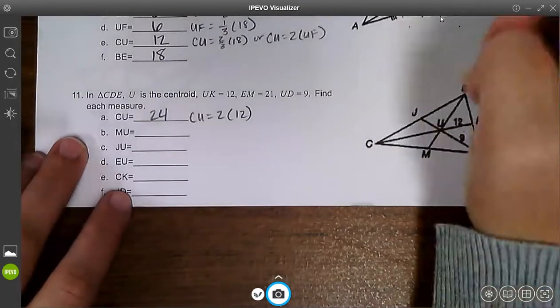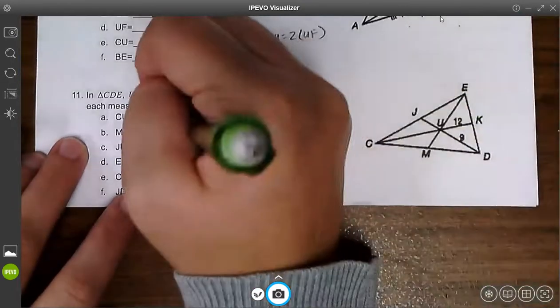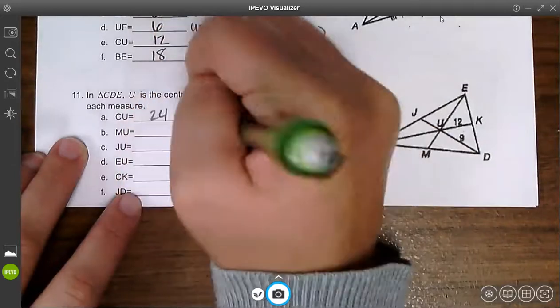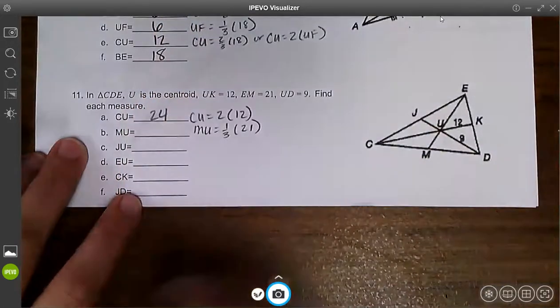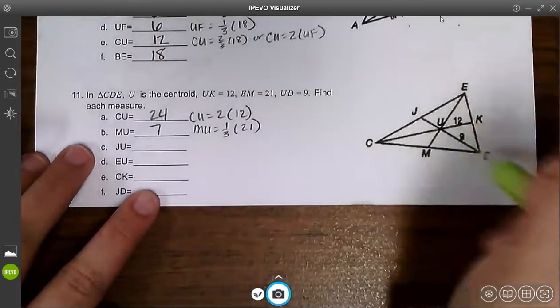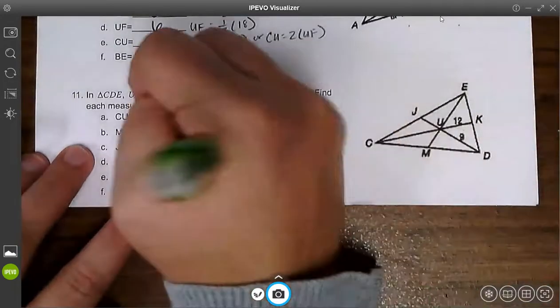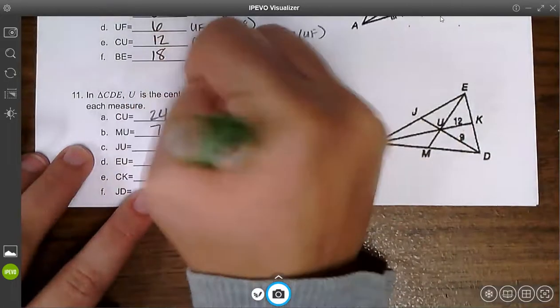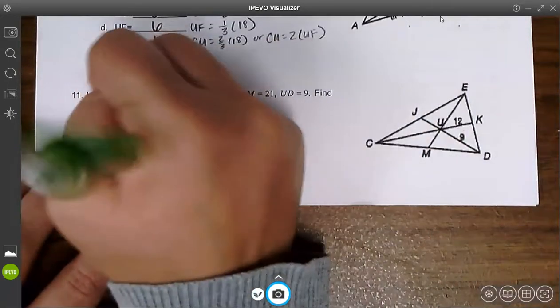MU, we know that EM is 21, that's the whole thing. MU is 1/3 because it's the smaller portion of the 21, which is 7. JU is half of that bigger portion, UD, half of 9, which is 4.5.